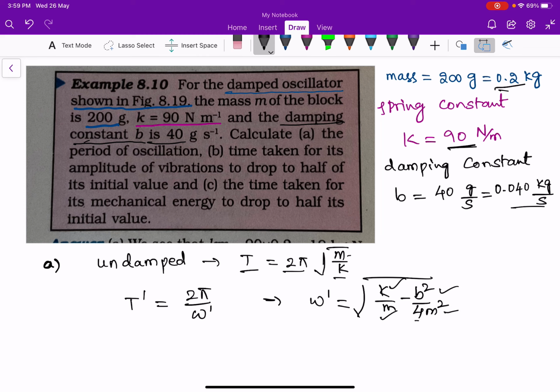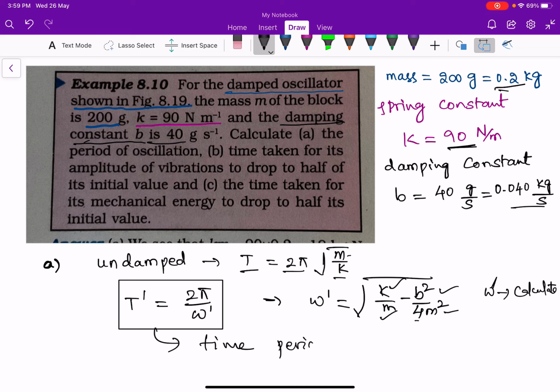From this, calculate omega dash using this formula and substitute in the expression 2 pi by omega dash. So you will get the time period. This is the time period of damped oscillations.